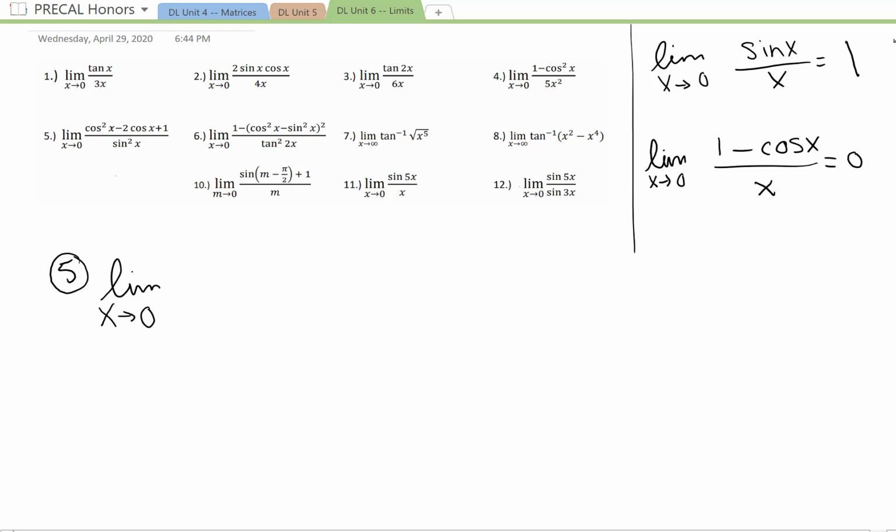I can already see that there's cosine squared, there's cosine, and there's sine squared. That's too many different things going on. The top looks like it might be factorable, so let's try that.